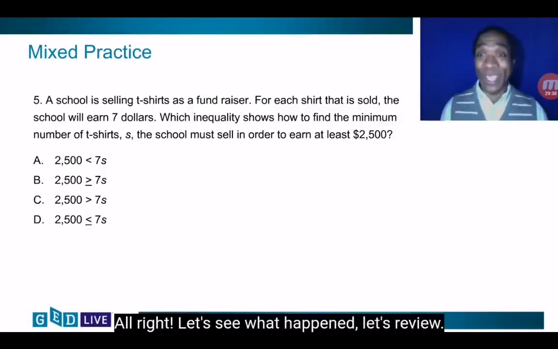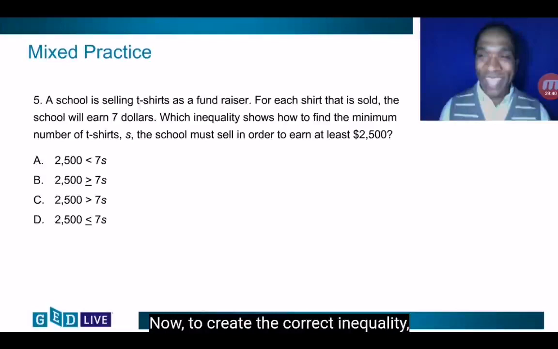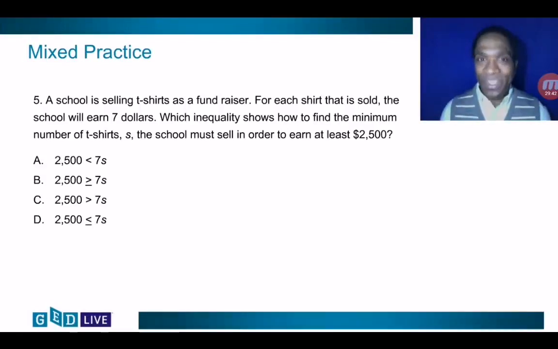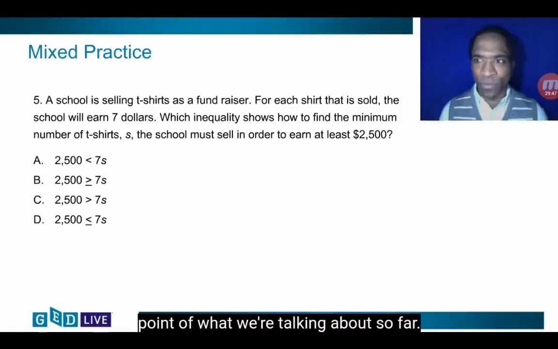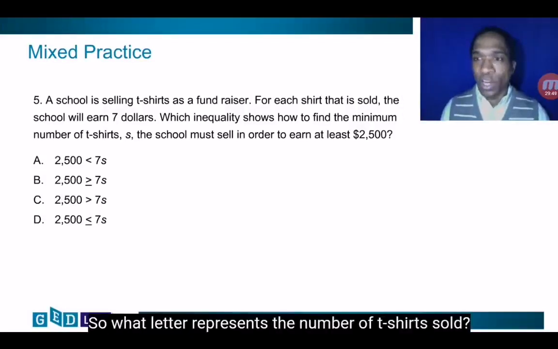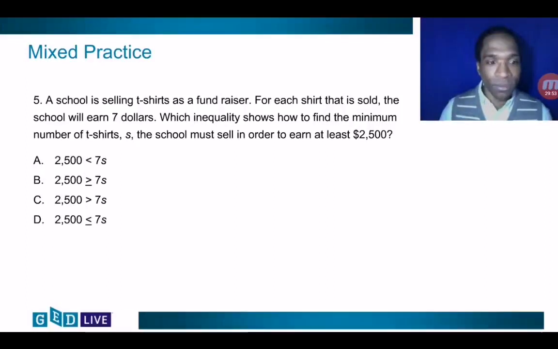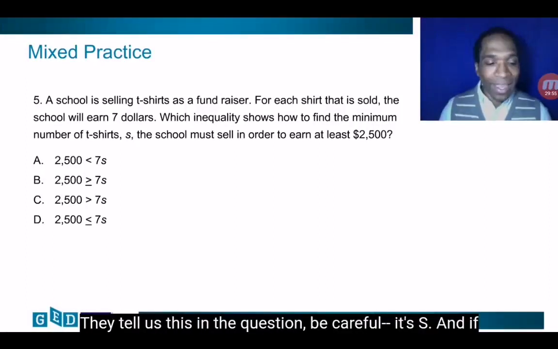All right, let's see what happened. Let's review. Now, to create the correct inequality, we need to translate, right? That's the whole point of what we're talking about so far. So what letter represents the number of t-shirts sold? Tell us this in the question. Be careful.